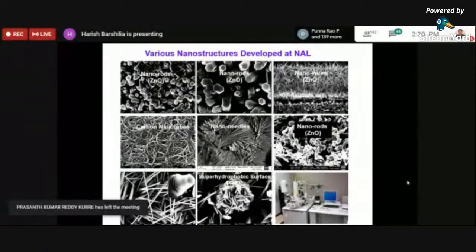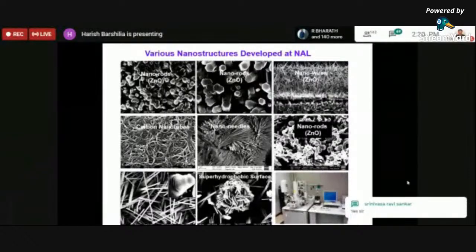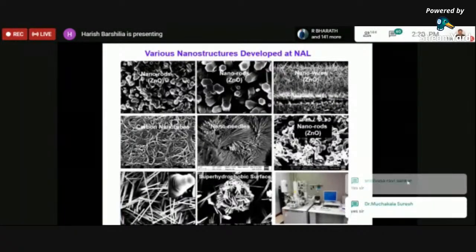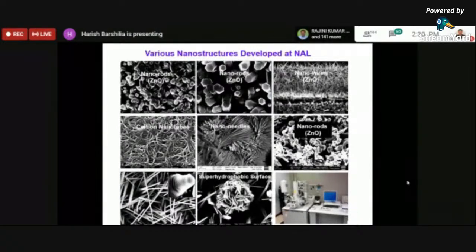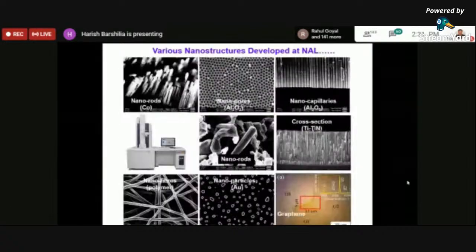Okay, so these are some of the nanostructures, because the focus is on nanomaterials. We can see nanorods of zinc oxide, nanowires of zinc oxide, carbon nanotubes, nanoneedles, again nanorods, then superhydrophobic surfaces. So these are some of the structures which we work on in the laboratory.